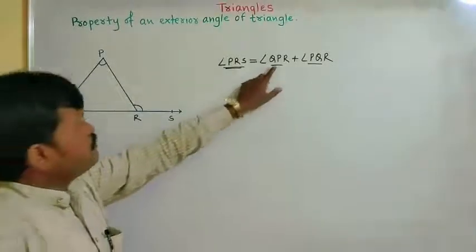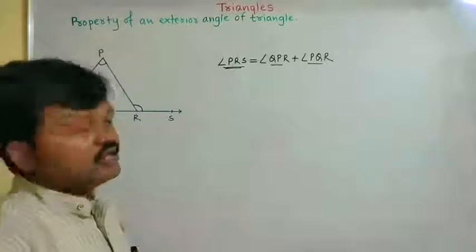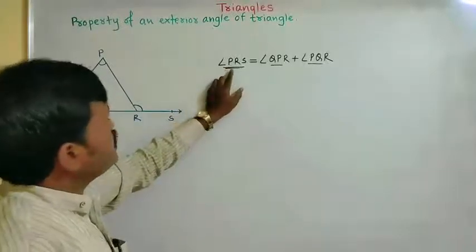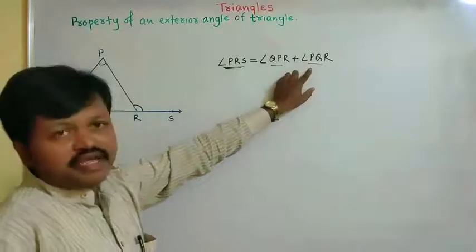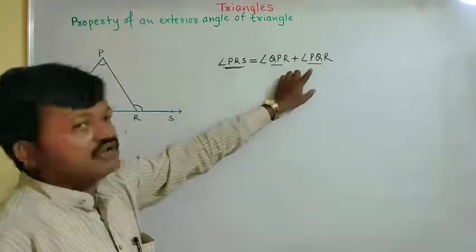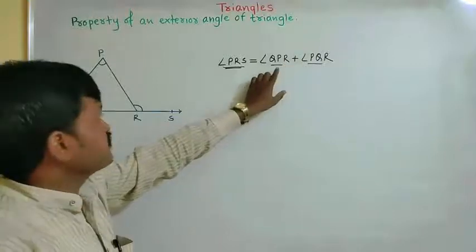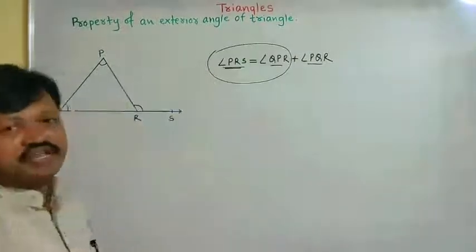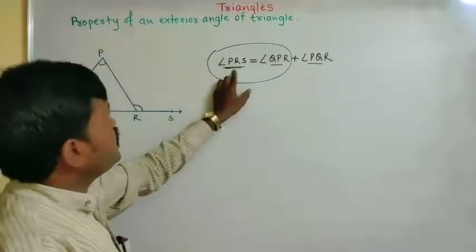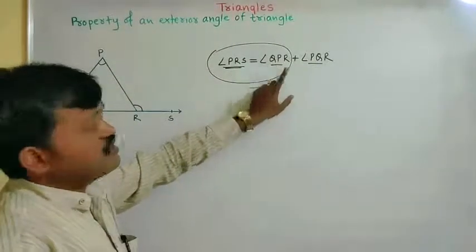म्हणजे QPR चा आणि PRS चा विचार केला तर अँगल PRS हा रिमोट इंटेरियर अँगल्स म्हणजे दूरस्थ अंतरकोनांच्या बेरजे इतका असतो. मग ह्याचा सिंगल विचार केला तर या दोघांच्या मध्ये रिलेशन काय असणार आहे की अँगल PRS हा ग्रेटर दॅन अँगल QPR.